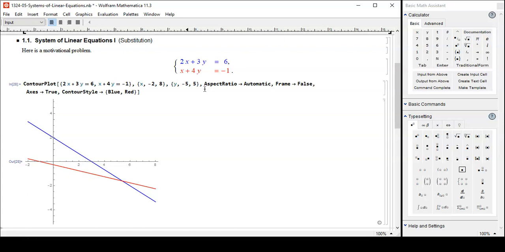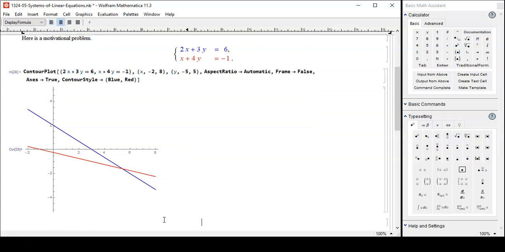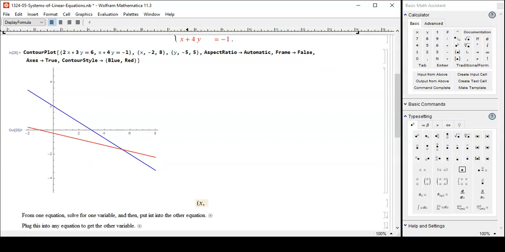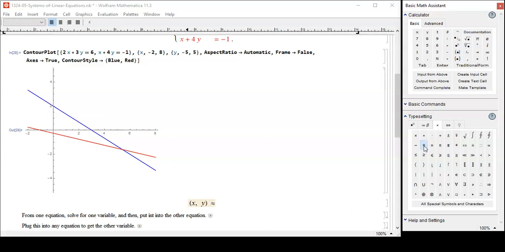Now we're looking for x comma y that's satisfying both equations. That means that point must be on the blue line and also on the red line because it satisfies both equations. And that point is right here, the crossing point. Just by looking at it, the x-coordinate of this crossing point is approximately, I don't know, about 5.5. That's my initial guess.